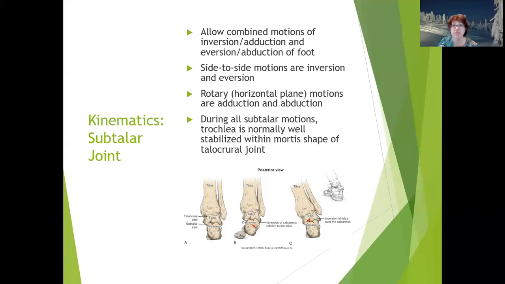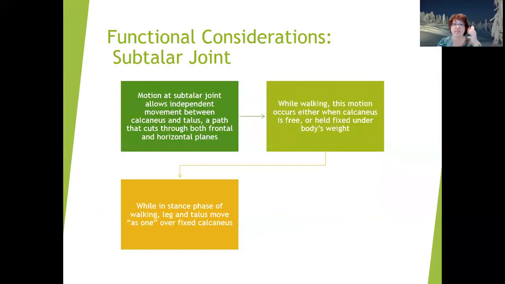So during all subtalar motions, the trochlea is well stabilized in between the tibia and fibula in the talocrural joint. So that stability of that joint provides mobility of the subtalar joint. Pretty cool, right? So the motion at the subtalar joint allows independent movement between the calcaneus and the talus.